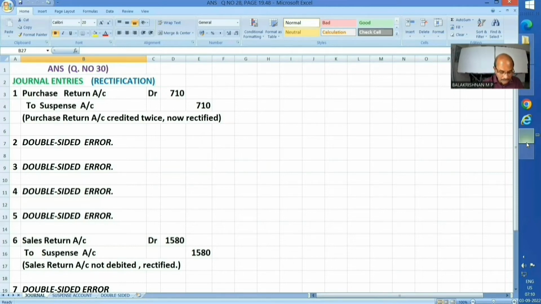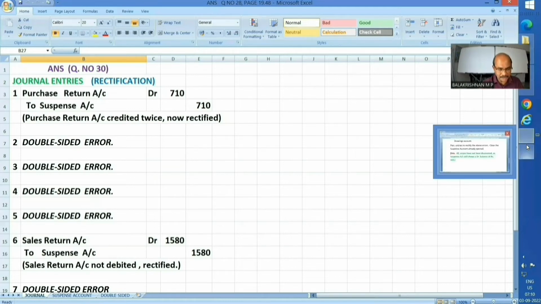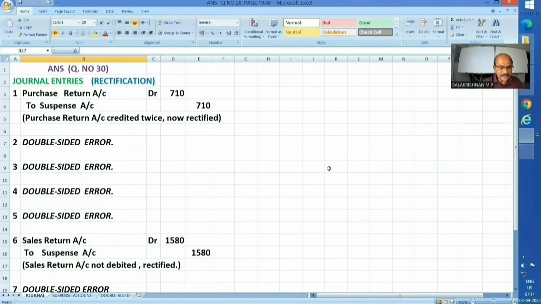So you have extra credited purchase return account. Now you have to debit it to nullify that extra credit. And it being a single-sided error, the other aspect will be suspense account. Hence, purchase return account debit 710 to suspense account 710. Purchase return account credited twice, now rectified.